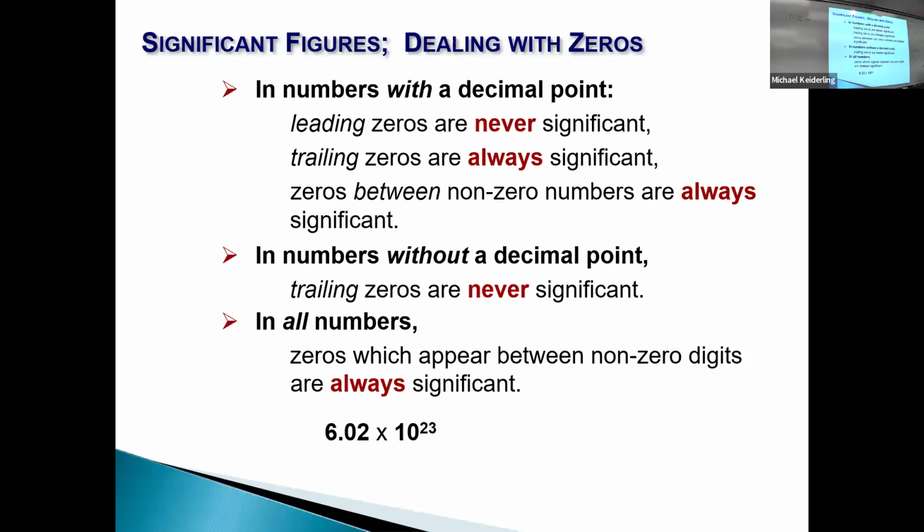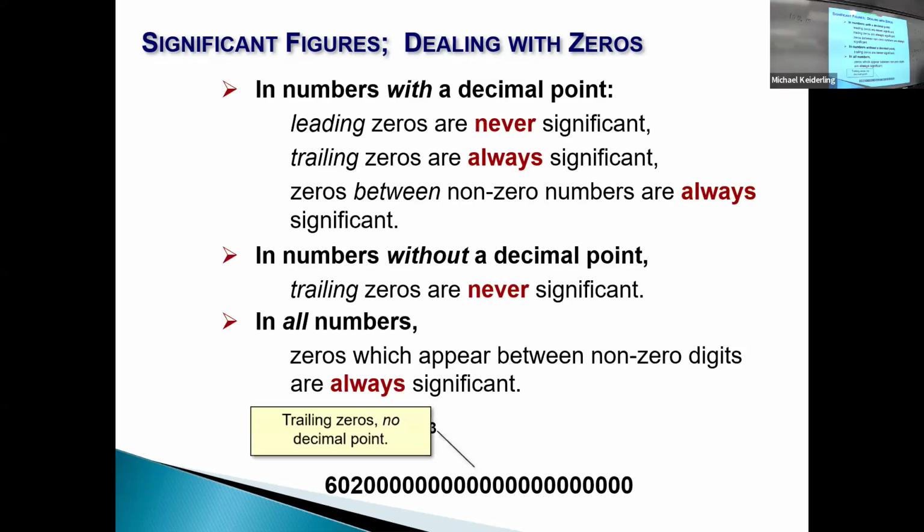And here we have something in scientific notation, 6.02 times 10 to the 23rd. That's Avogadro's number, the number of particles in a mole. You could write it out like this with the trailing zeros, so no decimal point, and these are not significant.